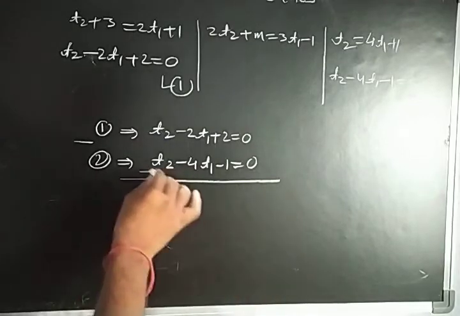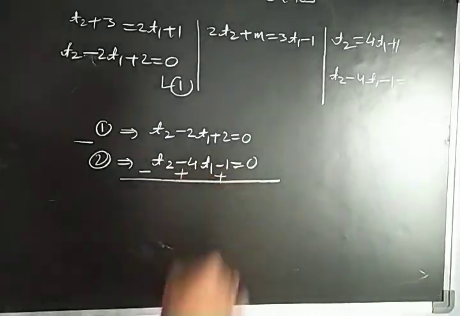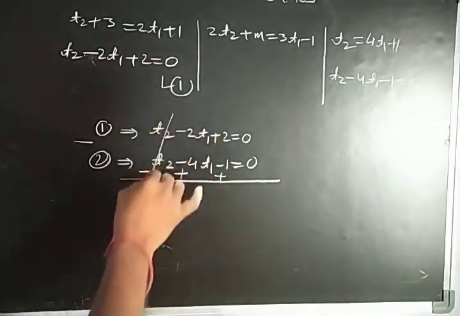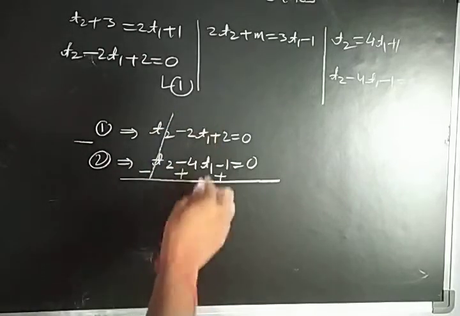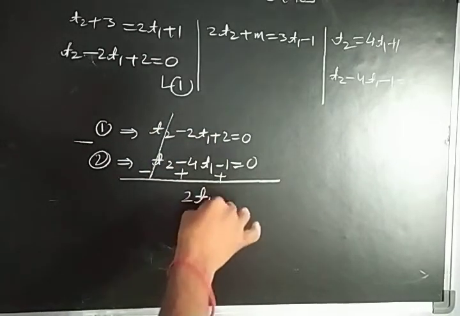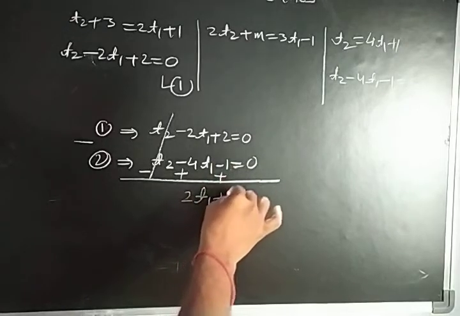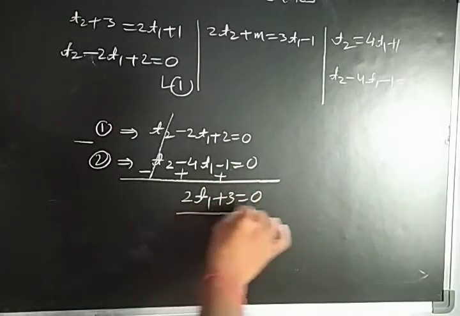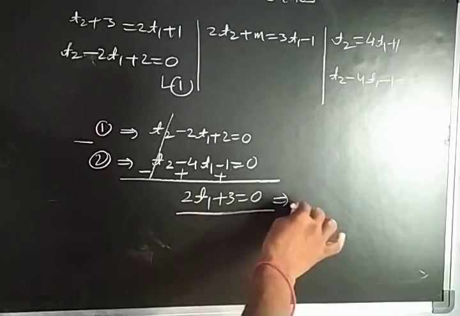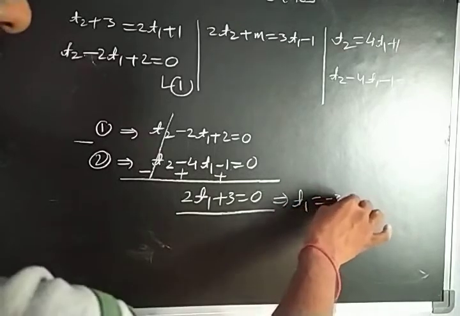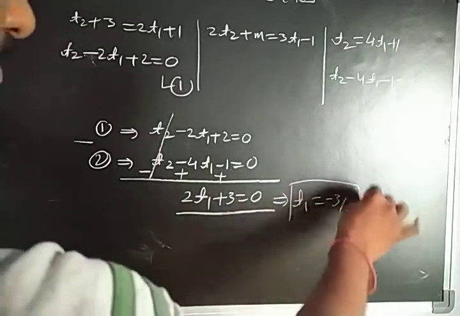By subtracting, t2 gets cancelled. 4t1 minus 2t1 is 2t1, and 1 plus 2 is 3, equal to 0. From this equation you will get T1. T1 equal to minus 3 by 2 is the T1 value.